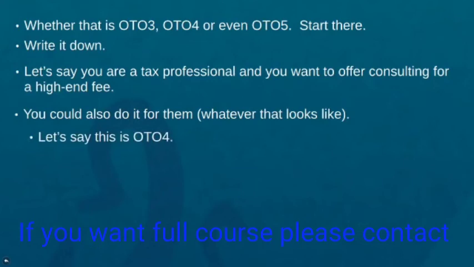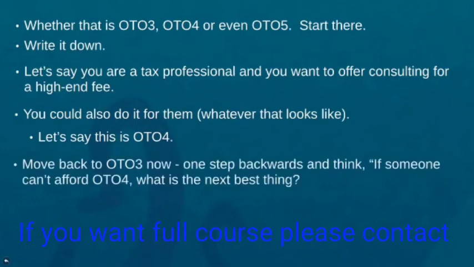So let's say, for example, that we have 4 one-time offers, and we'll start with one-time offer number 4. One-time offer 4, in this case, is the person offering consulting for a high-end fee. From there, you need to move one step back to one-time offer number 3. Basically one step backwards and think, all right, if someone cannot afford one-time offer number 4, what is the next best thing?